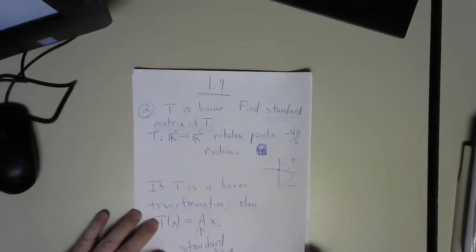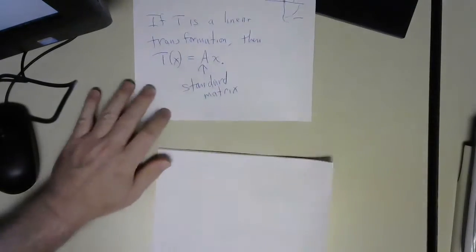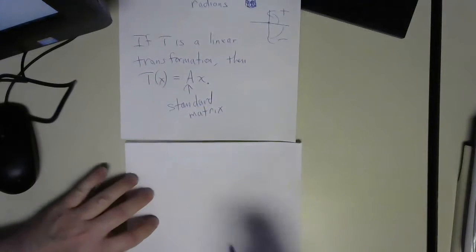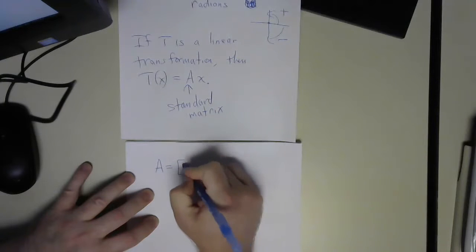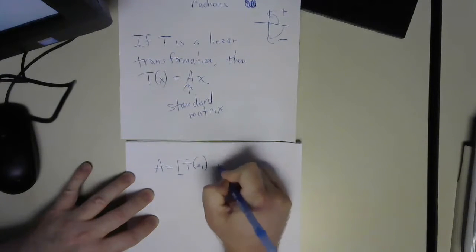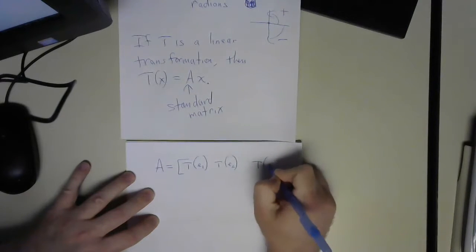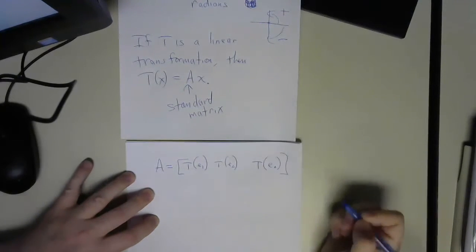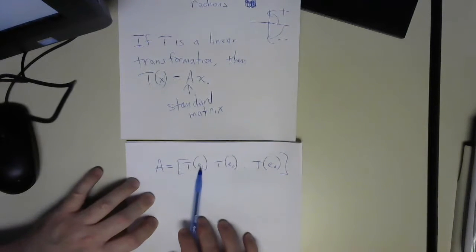And you might also recall from the lecture notes, maybe the PowerPoints or some of the videos, that the standard matrix can always be written like this. Okay, now this is the image of the first column of the n by n identity matrix. So that would be something like 1, 0, 0.